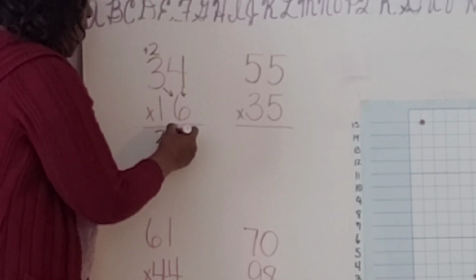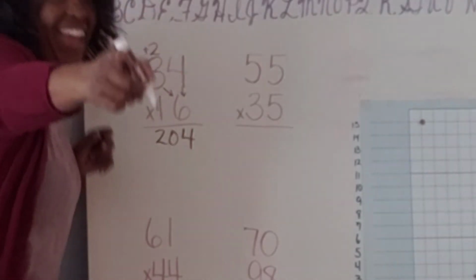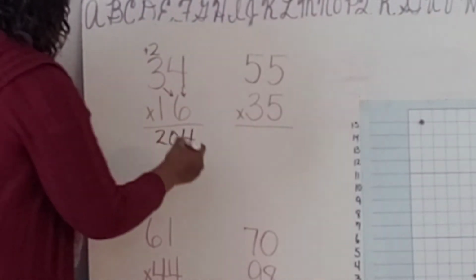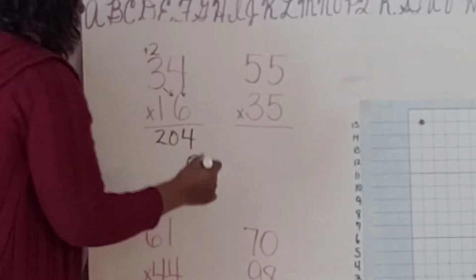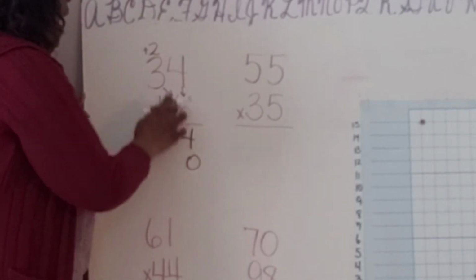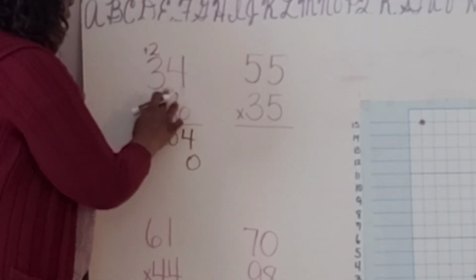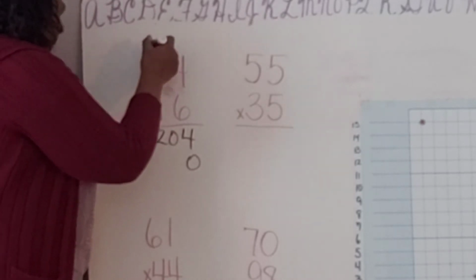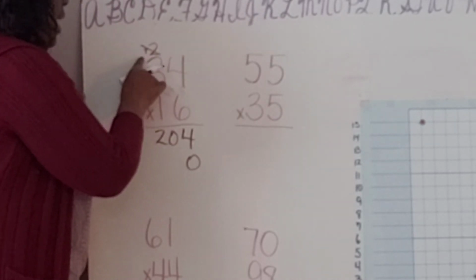Very good. And then, yes, I heard you, 0. Put your 0. Don't forget your 0. 0 goes in the ones place. And then I have to cross out my carryover.